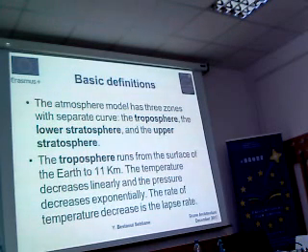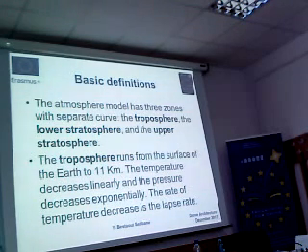Inside the troposphere, the temperature decreases linearly, and the pressure decreases exponentially. So we can understand that the higher it is, the colder it is; the temperature decreases, and also the pressure. But the pressure decreases very fast, exponentially.